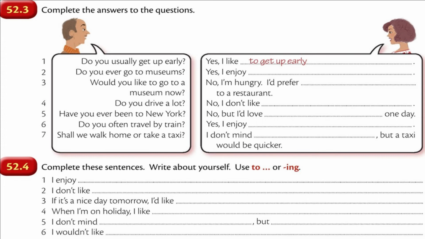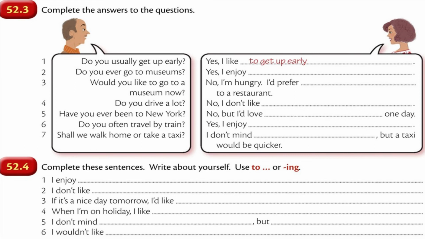Number 3. Would you like to go to a museum now? No, I am hungry. I prefer to go to a restaurant. Number 4. Do you drive a lot? No, I don't like driving. Or we can say, no, I don't like to drive.